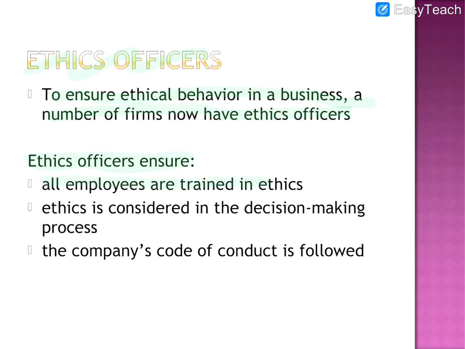They need to ensure that all employees are trained in ethics. Ethics is considered in the decision making process. If you have a decision making process, the ethics officer will see whether you are following the ethics or not, and the company's code of conduct is followed. You must ensure that the company's code of conduct is followed.